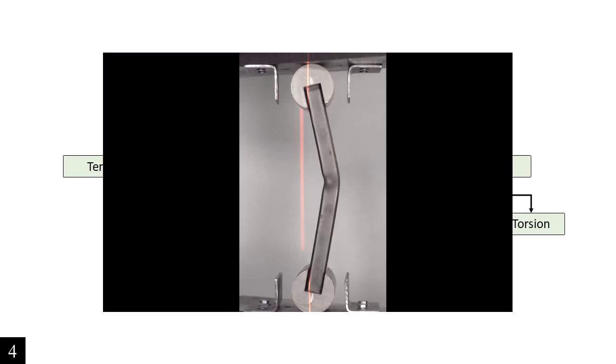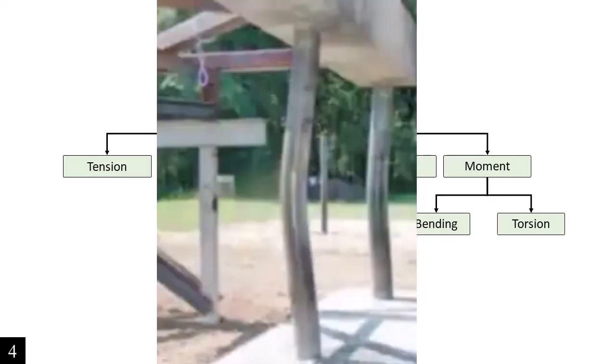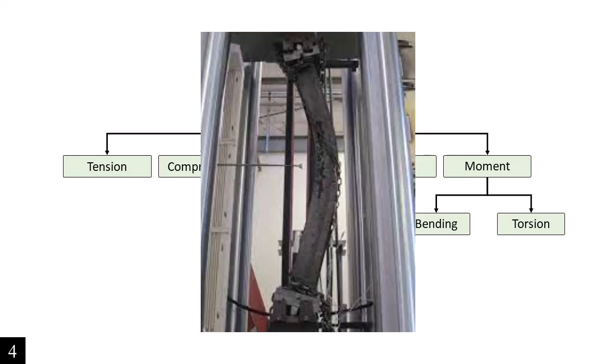Here is another photo that shows an example of buckling failure. It usually happens in the column. It can also happen in the beam as well. We call that one lateral buckling. However, most of the time it happens mainly on the column.